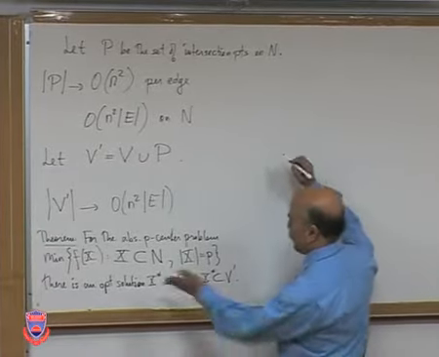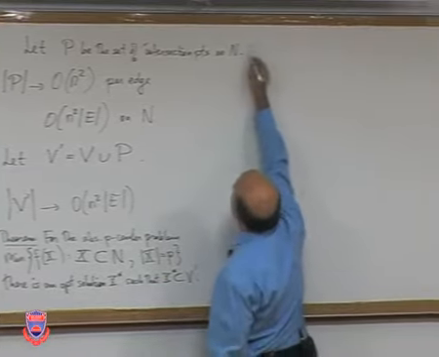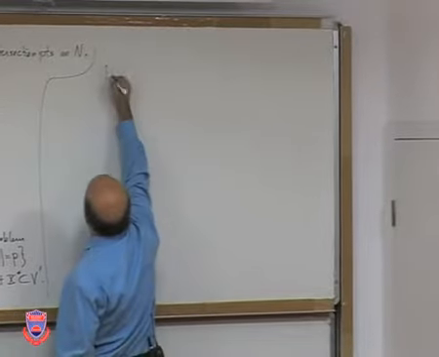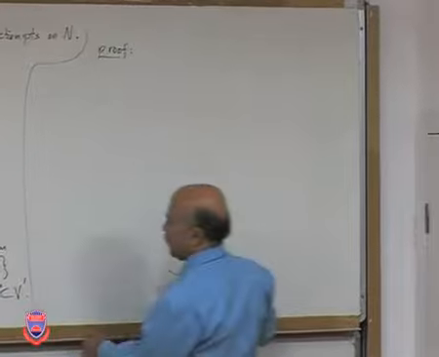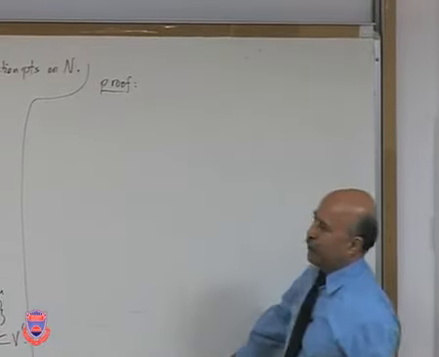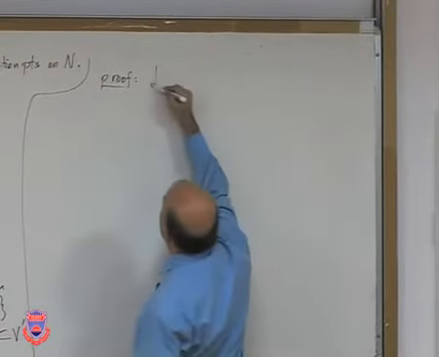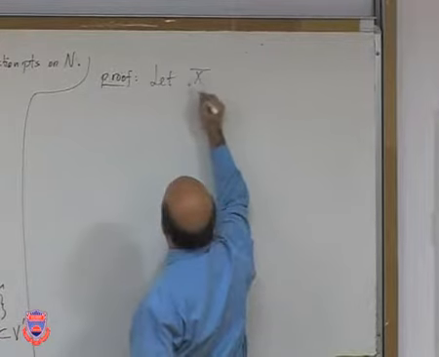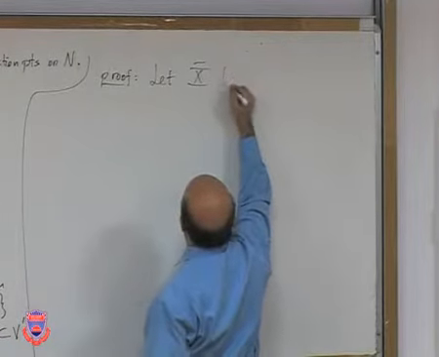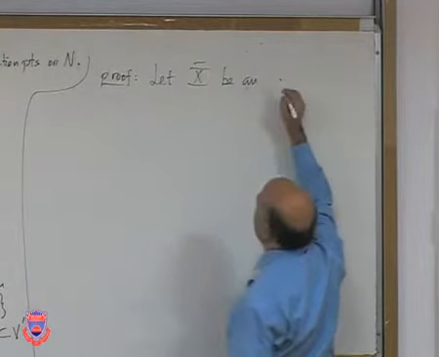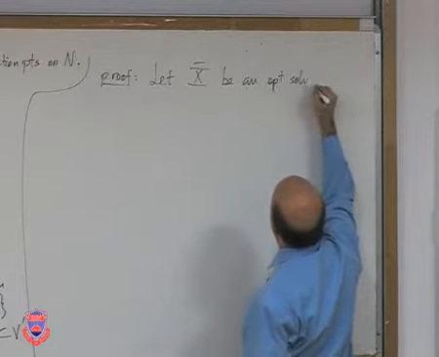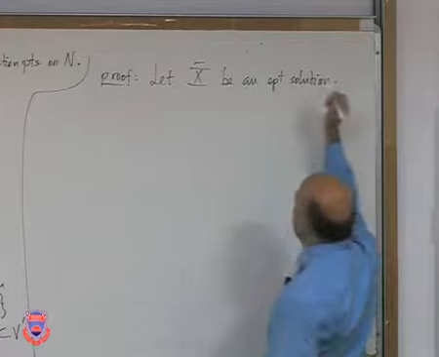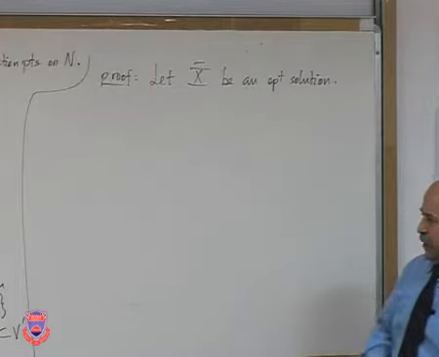All right, let's just prove it this way. The proof is similar to what we have done for the p-median problem. Let x bar be an optimal solution to the absolute p-center problem.